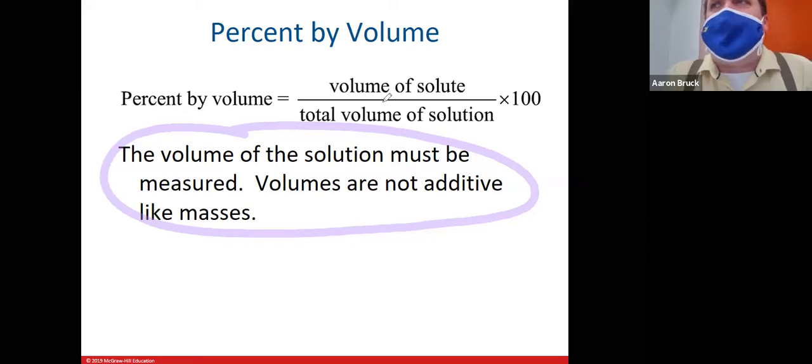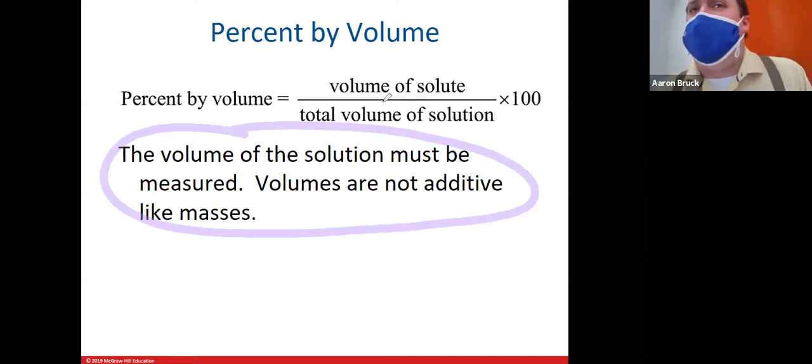So it's possible that you can have 50 milliliters of water and 50 milliliters of another liquid, like alcohol or something like that, and only end up with 80 milliliters of total solution. The alcohol and the water kind of fit in each other's spaces and take up less volume collectively than they did individually. You have to measure total volume.